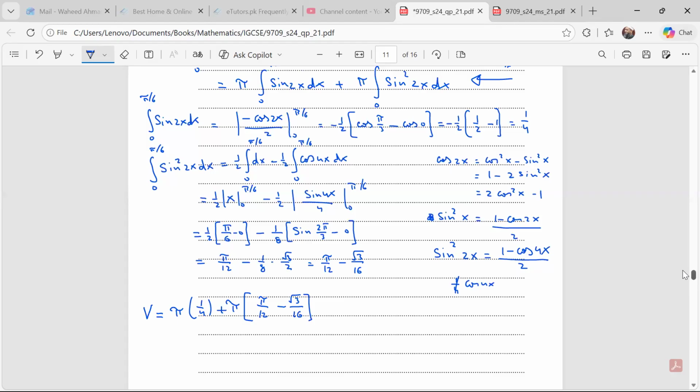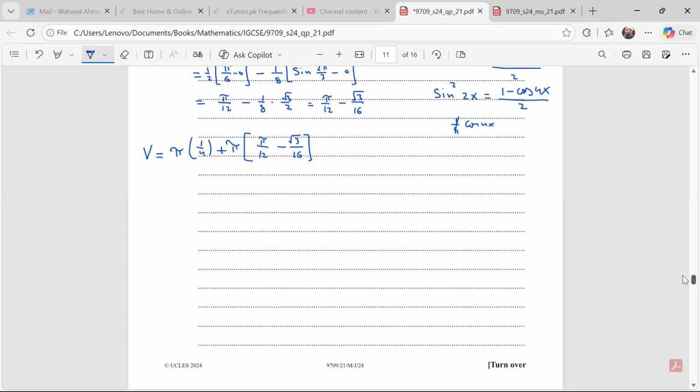Let's simplify it a little bit, and that will be the exact value of the volume. It is pi by 4 plus pi squared by 12 minus root 3 pi by 16. So this is our final answer. I hope it's clear.